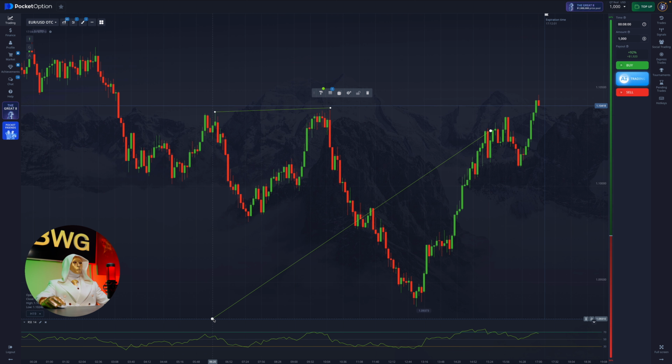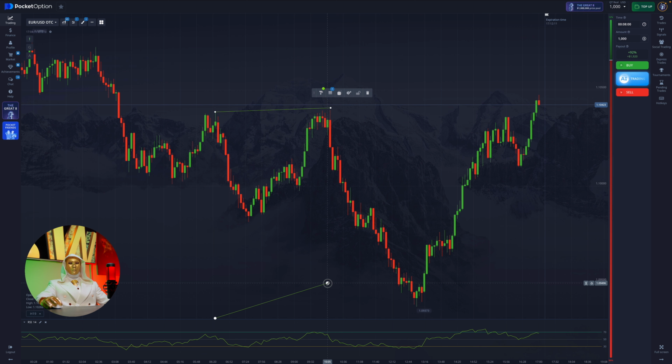Unfortunately, this platform does not give us the opportunity to draw on the indicator, but I think the meaning will be clear. As you can see, our current high was higher than the previous one. It is the same on the indicator: this one is higher than this previous one. Accordingly, there is no divergence here.